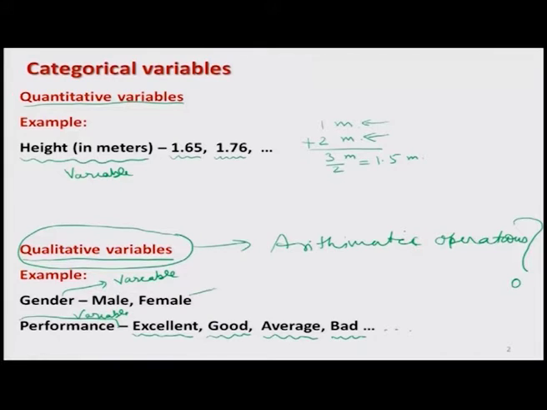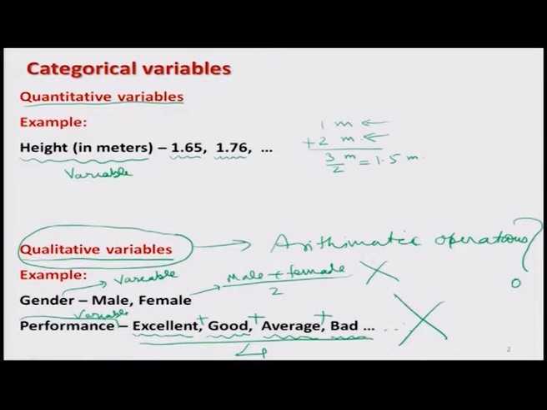Can I take male plus female divided by 2 as the average of gender? It has no meaning. Similarly, if I take excellent plus good plus average plus bad divided by 4, does this make any sense? No, this is garbage. This has no meaning.